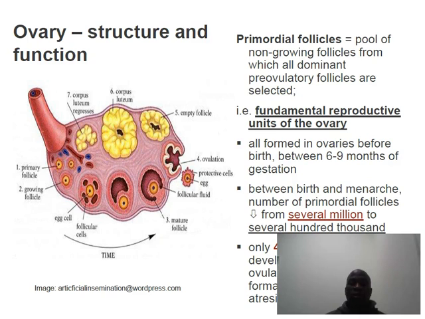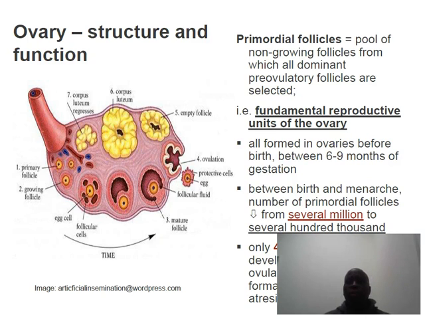From ovulation, the remaining empty follicle degenerates into corpus luteum, and eventually the corpus luteum regenerates and disappears. Now, the point is what happens to the released egg, and that's what we are interested in.